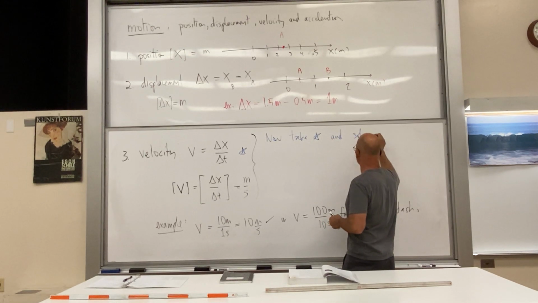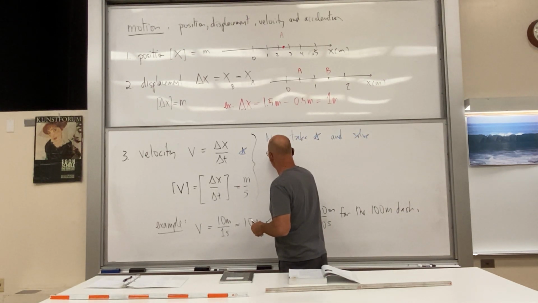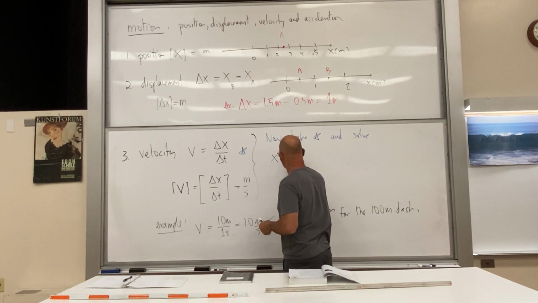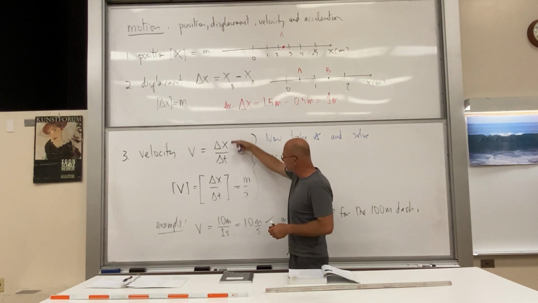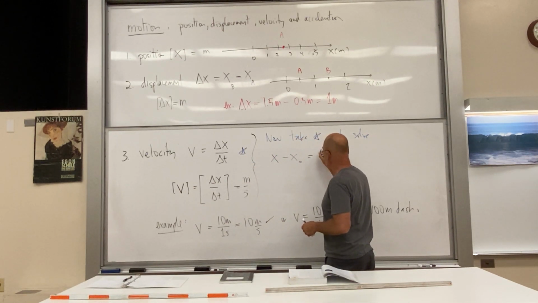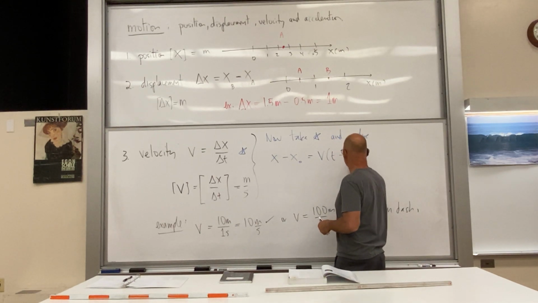I'm going to solve for what do I get? x minus x0. That's my displacement, delta x, the difference, equals v times t minus t0.